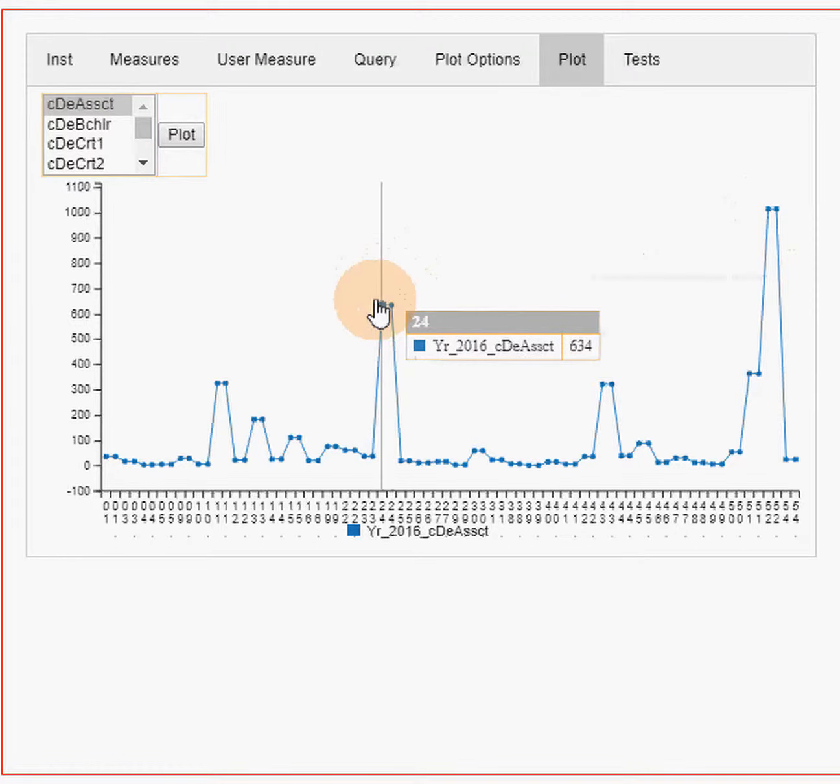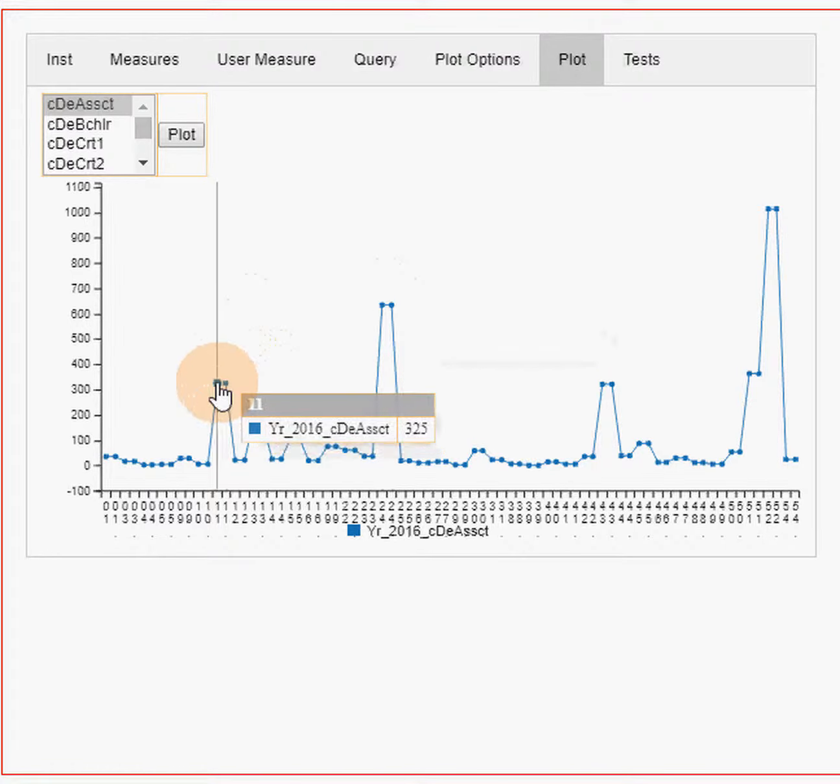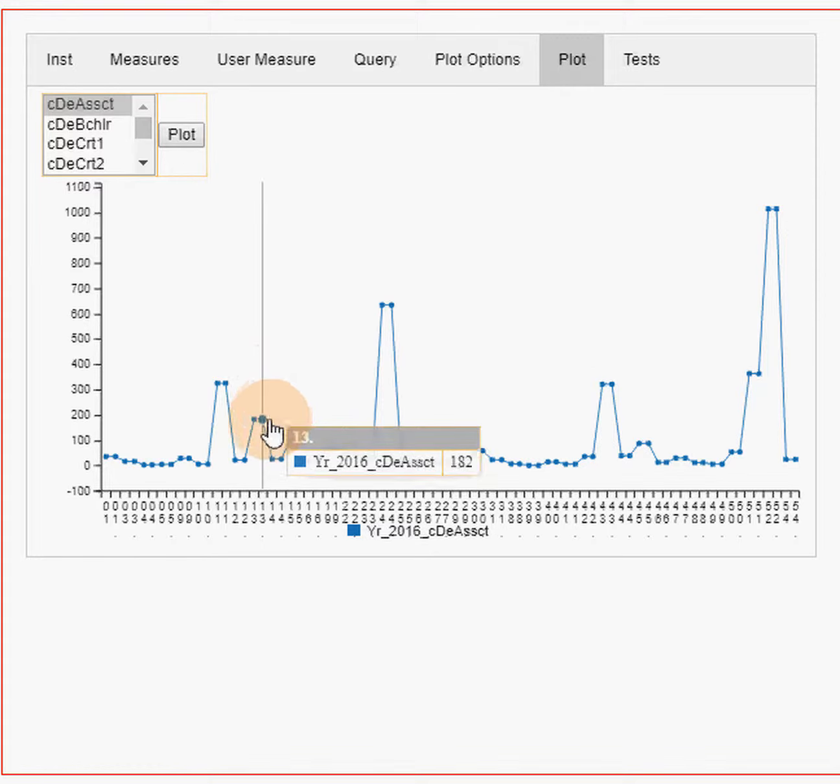Then there's the 24, that's the humanities. And then there's 11. Not much on the education. Again, we can see several lines if we're interested.